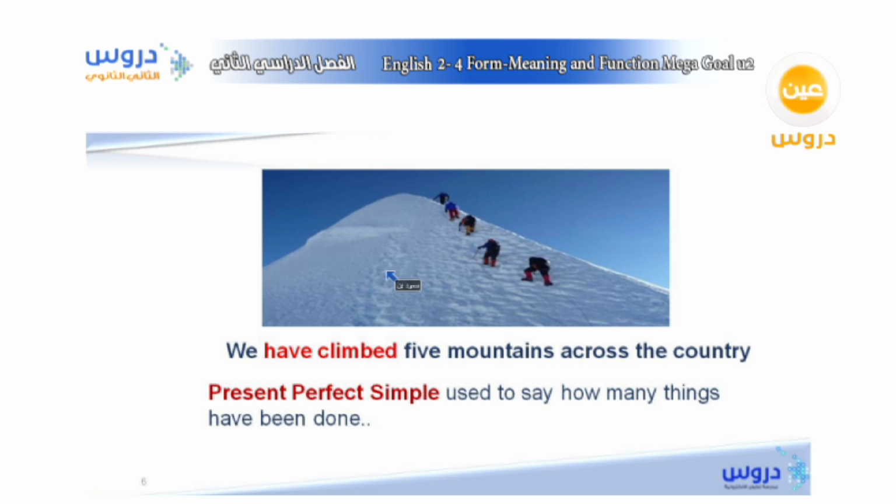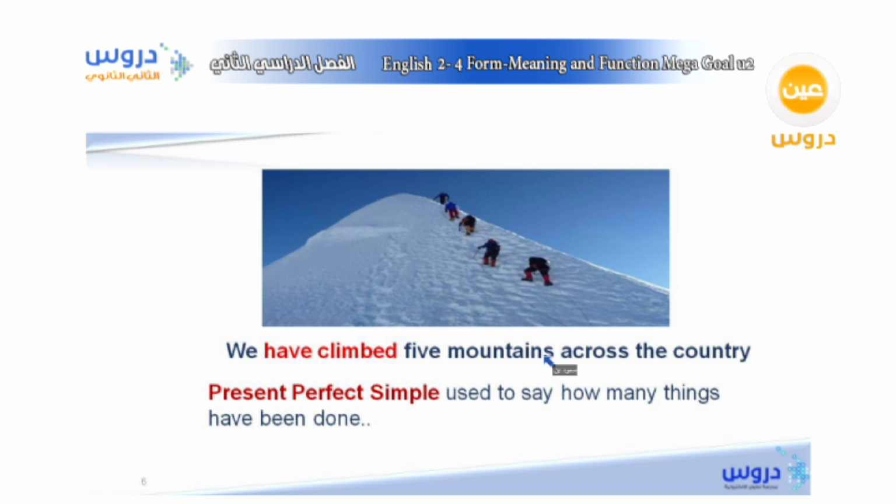Here, on the other hand, we are going to talk about present perfect simple. In the previous slide, we talked about present perfect progressive, but here present perfect simple. What is the difference between these two? This example clearly shows: we have climbed 5 mountains across the country.